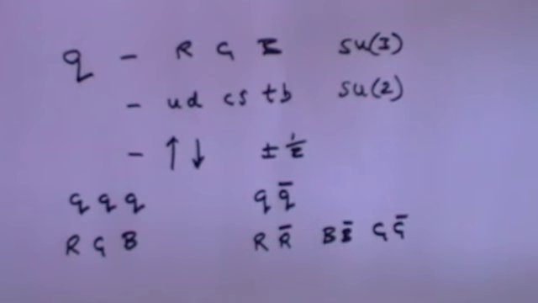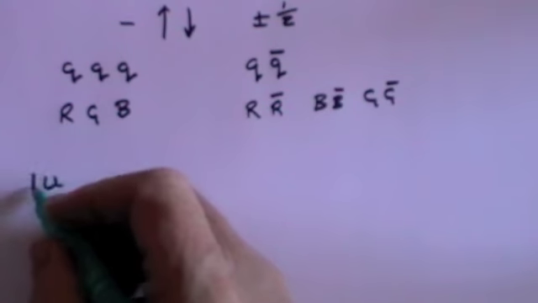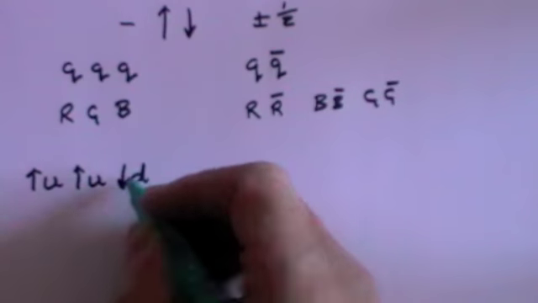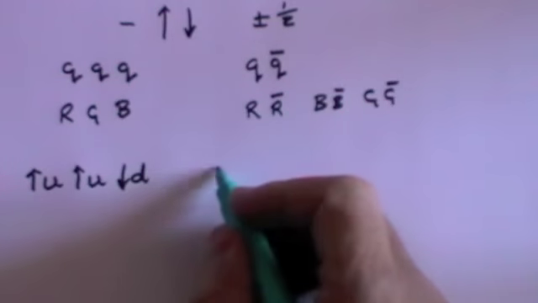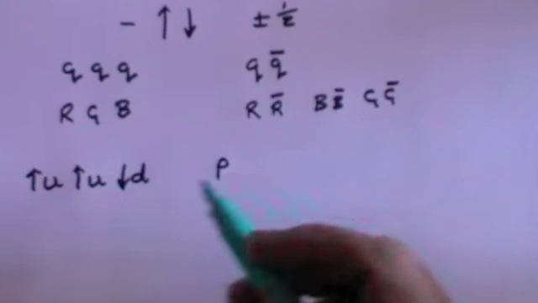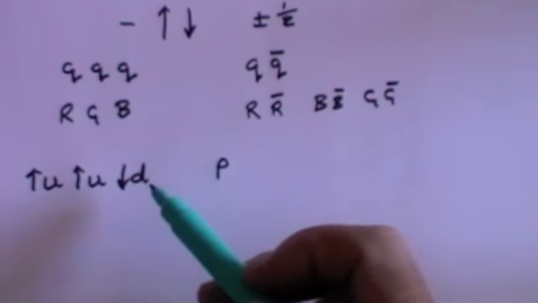Just at the moment, I want to design some particles. So let's start with a particle that we know very well. We'll start with the up, spin up, up, spin up, down, spin down. Up, up, down. That is recognisably a proton. It has a charge of 1, because an up quark has a plus 2/3 charge and a down quark has a minus 1/3 charge.